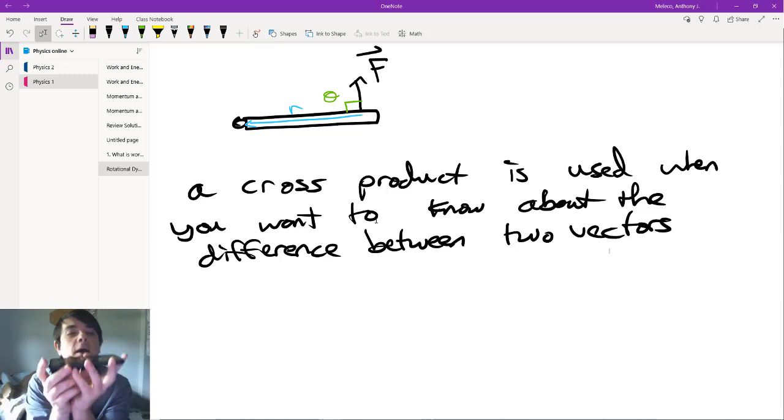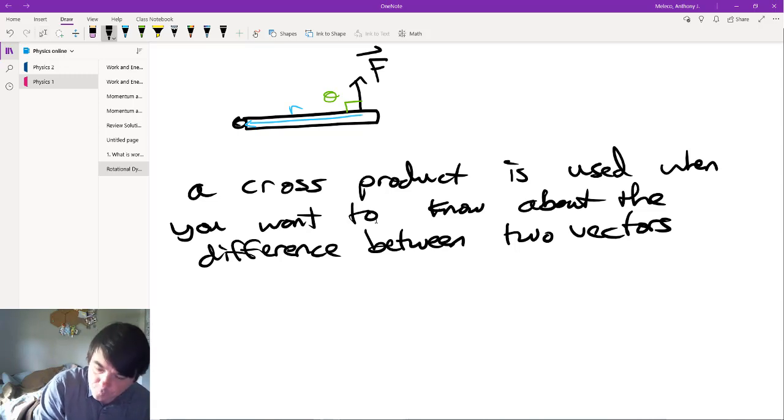But if I push up on my phone, it's really easy to rotate it, because they're perpendicular to each other. So the more different they are, the more rotation happens and the more torque results.